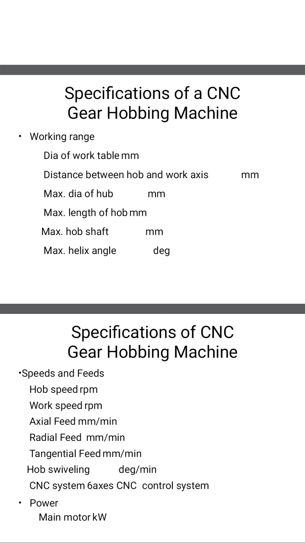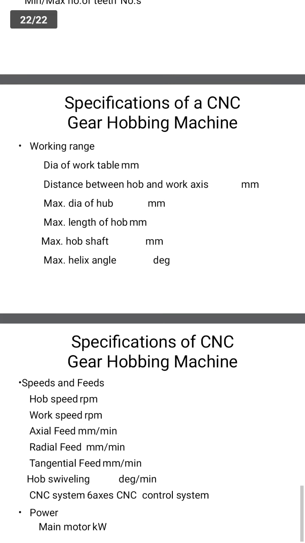Linear ball bearings and rollers: it will have rollers and ball bearings also. We should check whether the ball bearing is correctly fixed, otherwise it will slip. Surface coating, spindles, drive units, electric motors. All these should be checked for gear hobbing specifications.